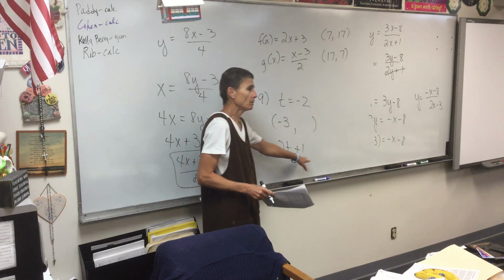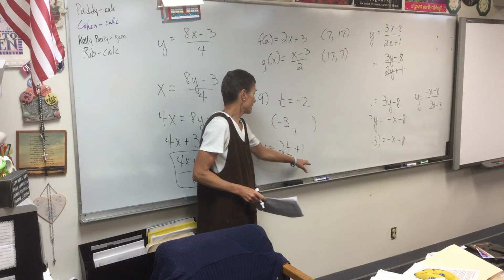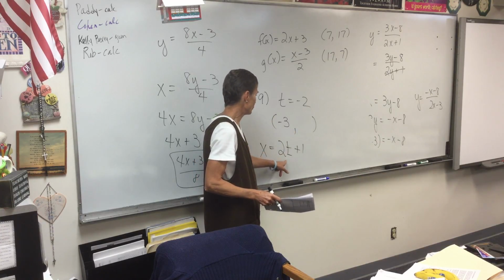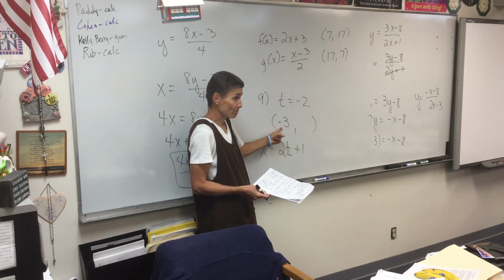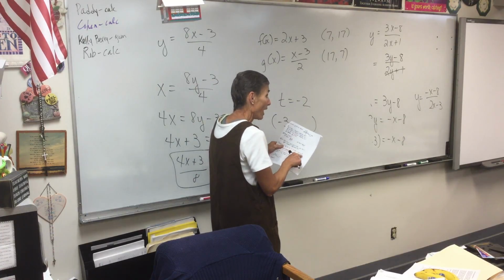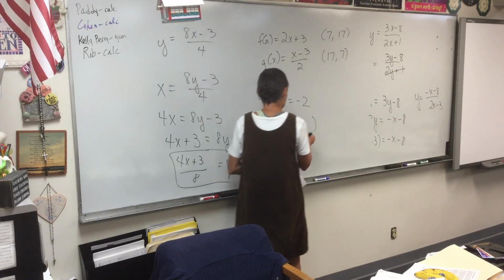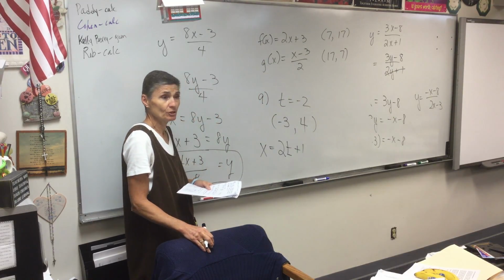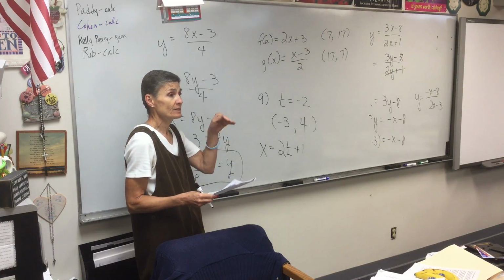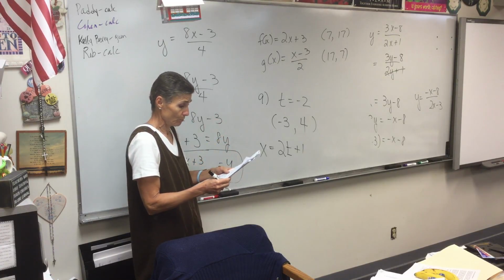X is 2T plus 1. If T is -2, then X is going to be -3, right? What's Y going to be? Look at the Y equation. Y is 4. There's your ordered pair. That's all you have to do: plug in the T value they give you.